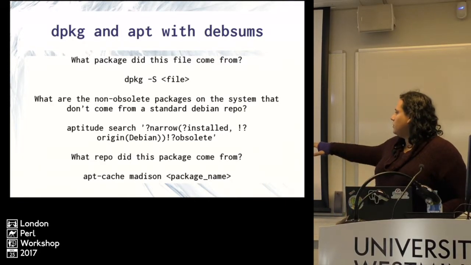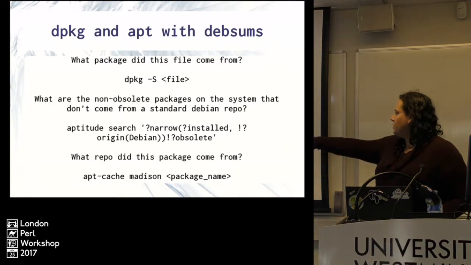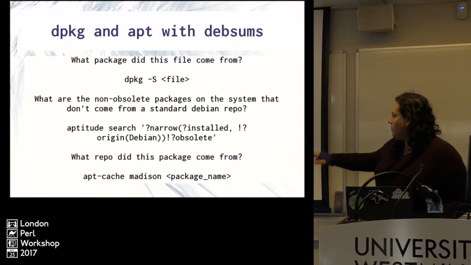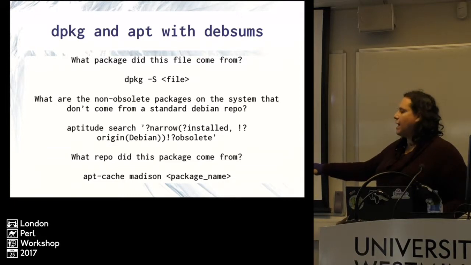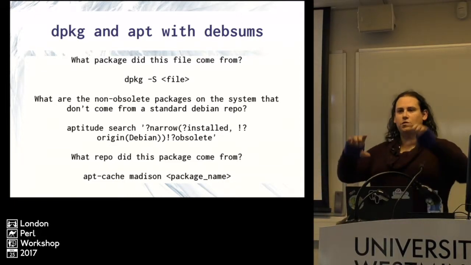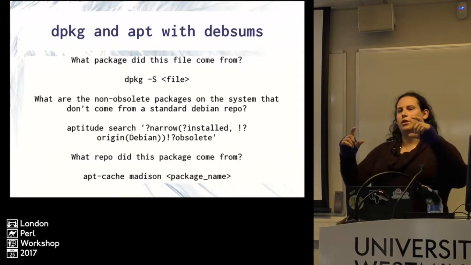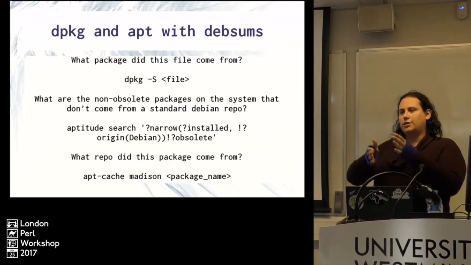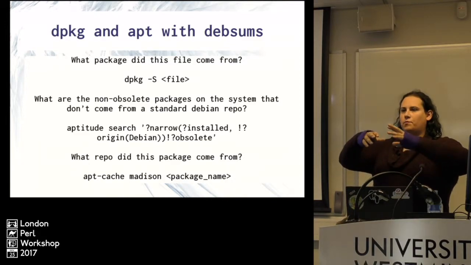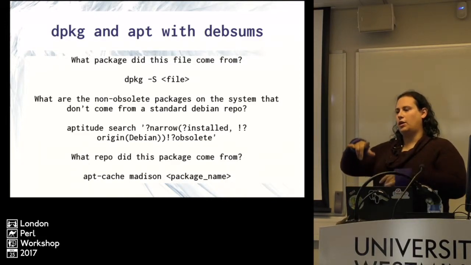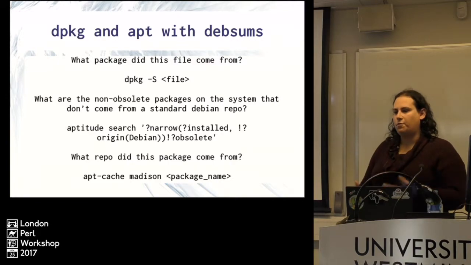So this little aptitude regex will tell you where these things came from. And then you can use this interesting apt-cache madison command, which gives you a machine parsable representation of where this came from, what its pinning priority is, what repo it came from, that sort of thing.